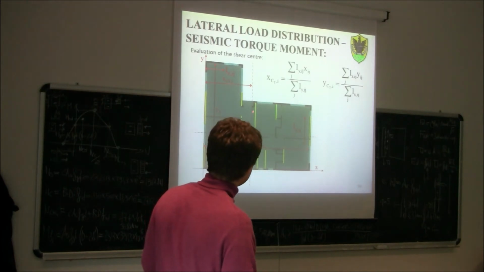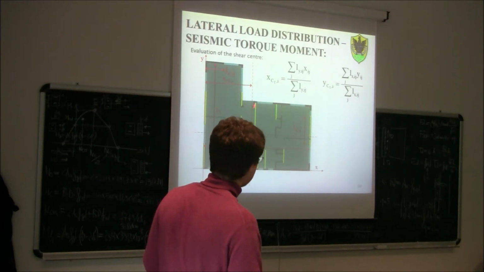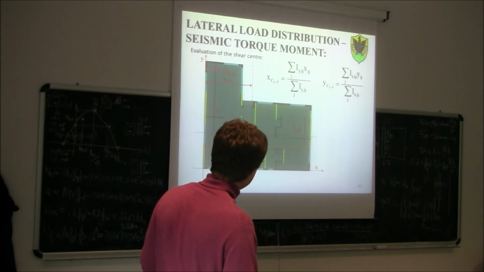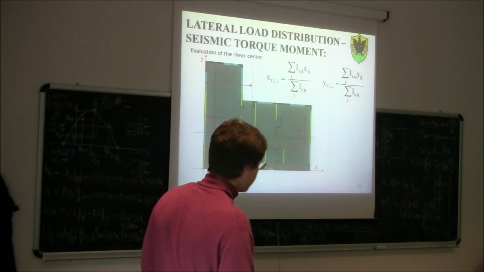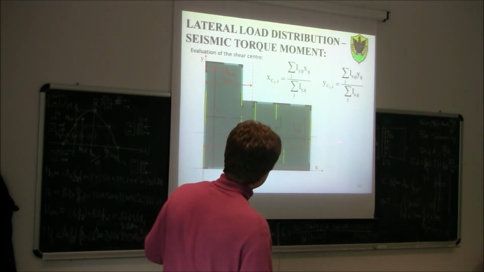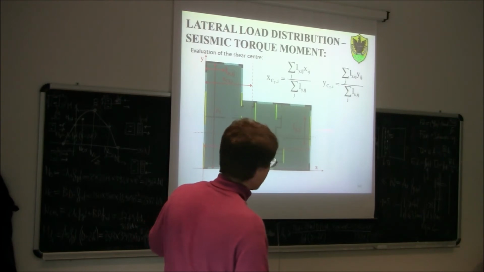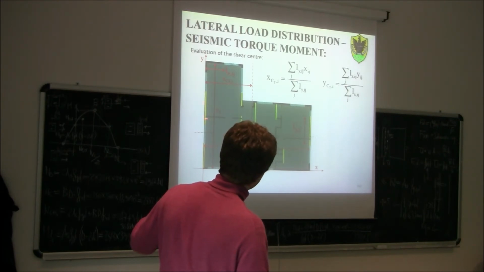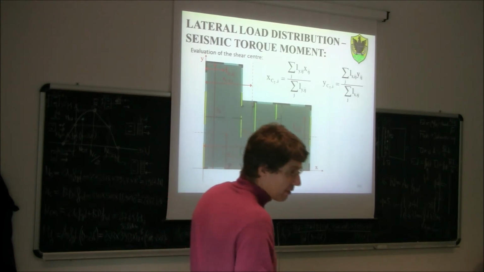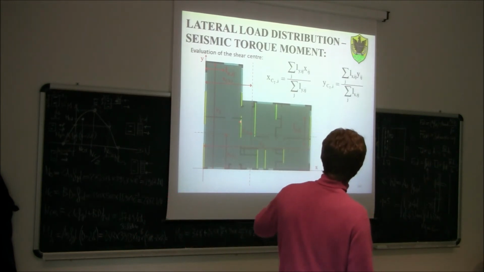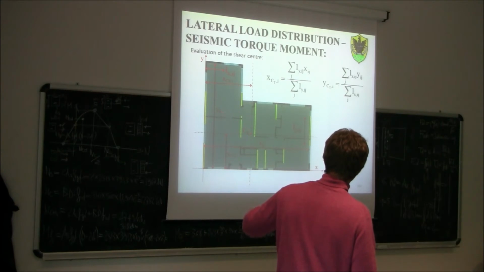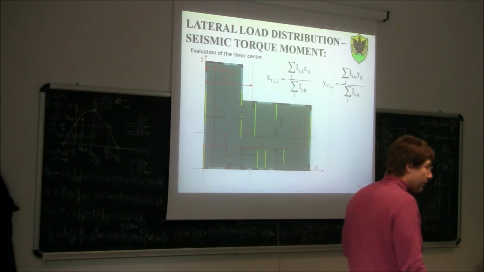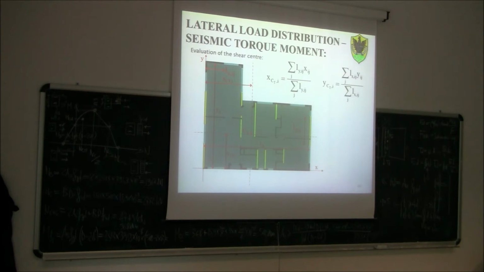So, what does it mean? That this wall here can provide a reaction only in the plane of the wall. It cannot provide a reaction perpendicular to the plane. So when it comes to reacting to a seismic action acting horizontally, only the walls which are acting horizontally in that direction will provide a restraint toward movement. So when I calculate the distance of the center of stiffness parallel to Y, I need to consider the walls that are basically parallel to Y. Okay, is this clear? Good.